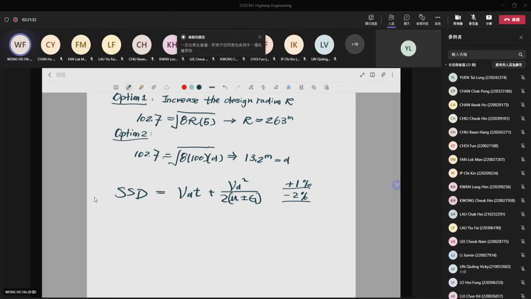Will you use plus 1% or will you use negative 2%? For safe stopping sight distance or for minimum stopping sight distance, will you use the one going up the hill or the one going down the hill? Maybe I just ask, will you use plus 1% or will you use negative 2%?